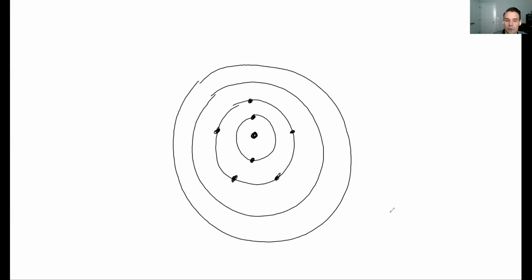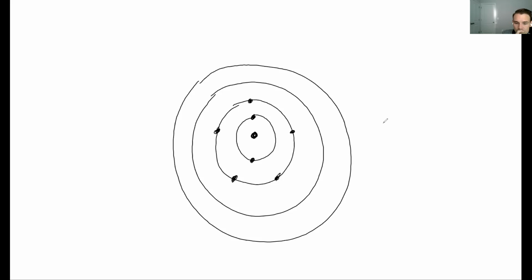So I have 1, 2, 3, 4, 5, 6, 7 electrons total. 2 in the first energy level, 1, 2, 3, 4, 5 in the second energy level. And so that's going to be nitrogen.